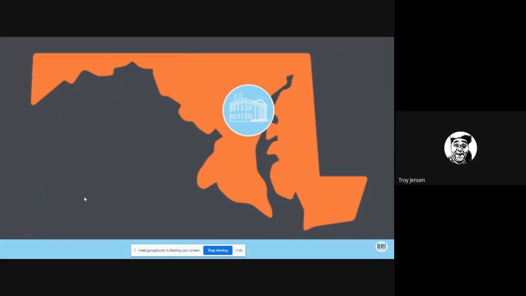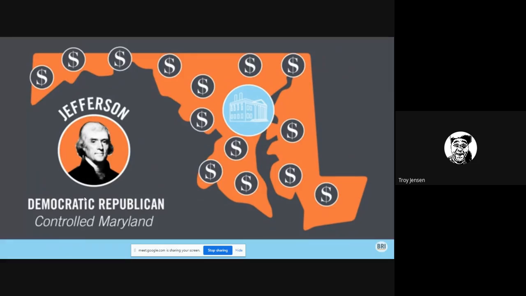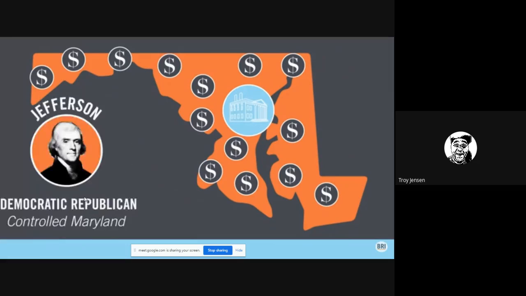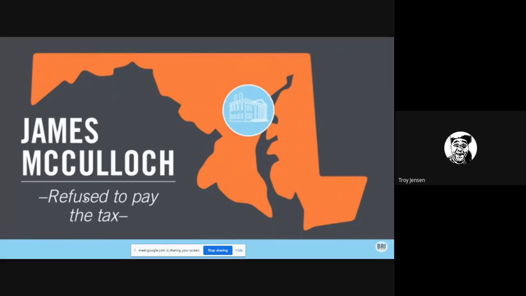In a strategic move, an attempt to exert control over the national bank, Jefferson's party, the Democratic Republican Party, which controlled the state of Maryland, decided to tax the national bank as it resided within its borders. Now, federal bank cashier James McCulloch refused to pay this tax. He didn't believe the states had the power to tax the national bank.